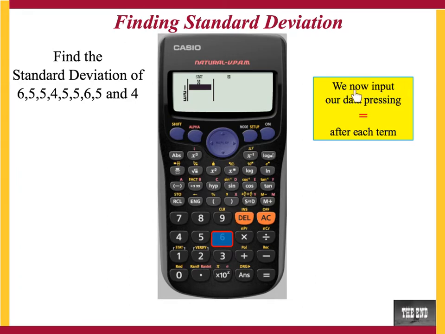We now input our data, pressing equals after each term. So this will show up on the screen, and the 1, 2, 3 just basically represents the first value, the second value, the third value. So underneath the X, we're going to input our values. So we're going to start off with 6.